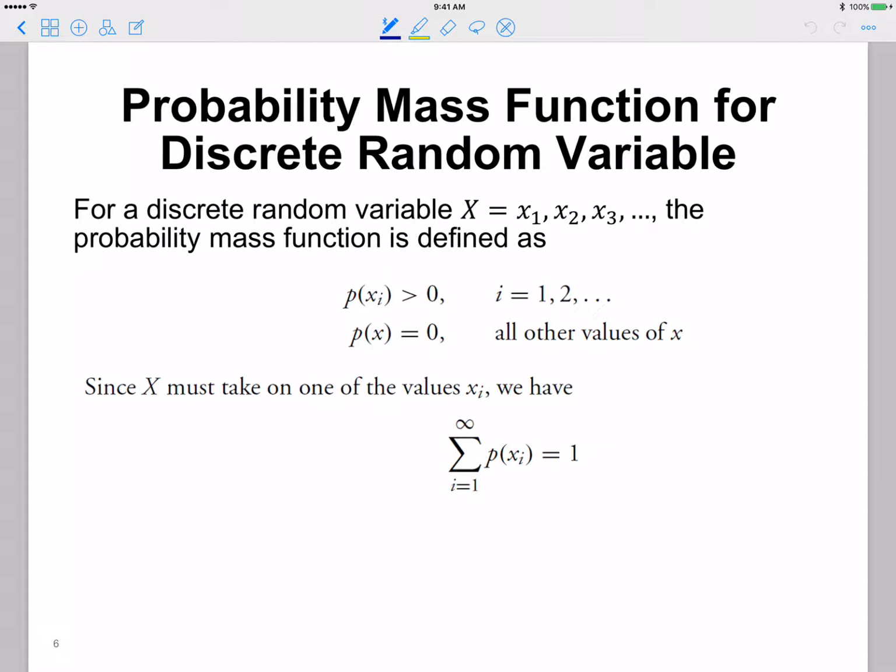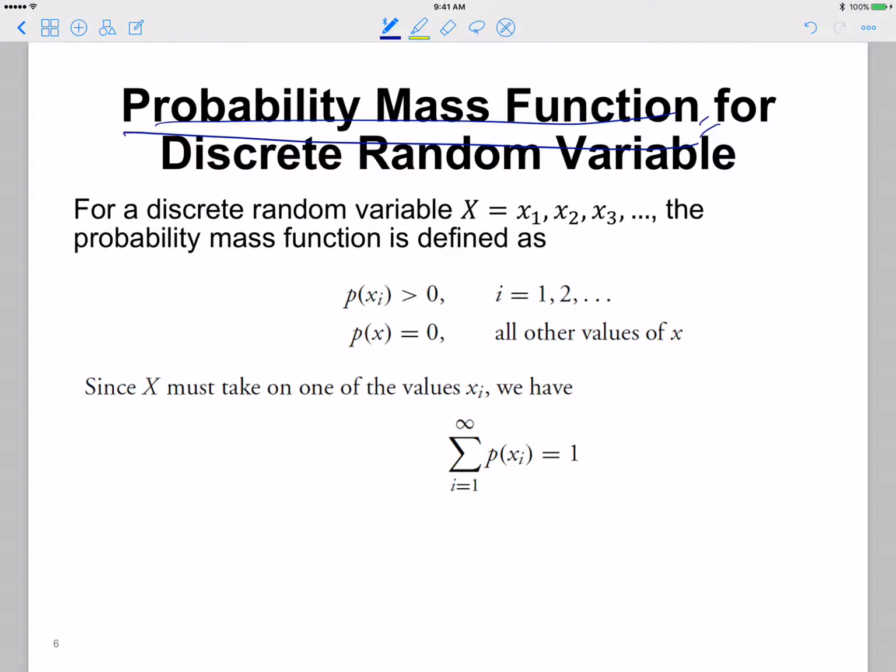Okay, and then now let's study this probability mass function. So mass means some chunk, right? So in case the random variable is discrete, the possible values of our random variable are only a finite number.